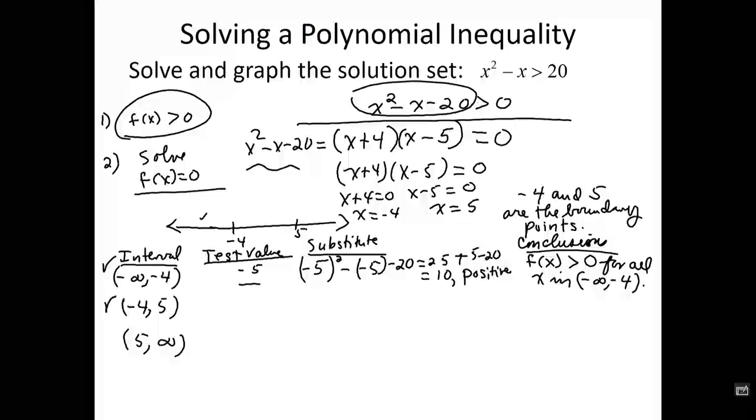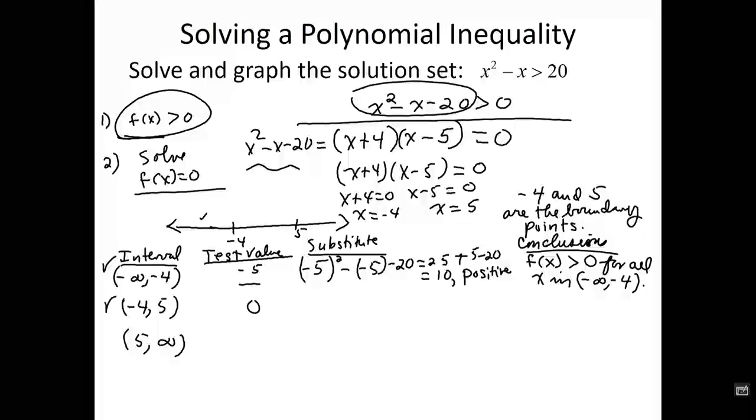Now we move on to the second interval, the interval from negative 4 to 5. Again, we need a test value. Choose a real number between negative 4 and 5. Let's choose 0. We want to determine whether f of x is greater than 0 or less than 0.